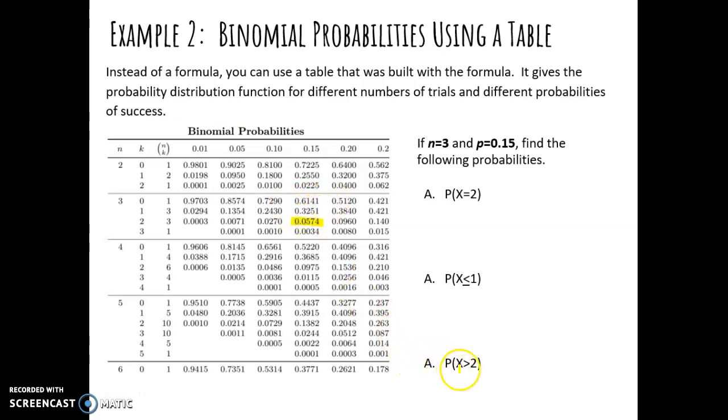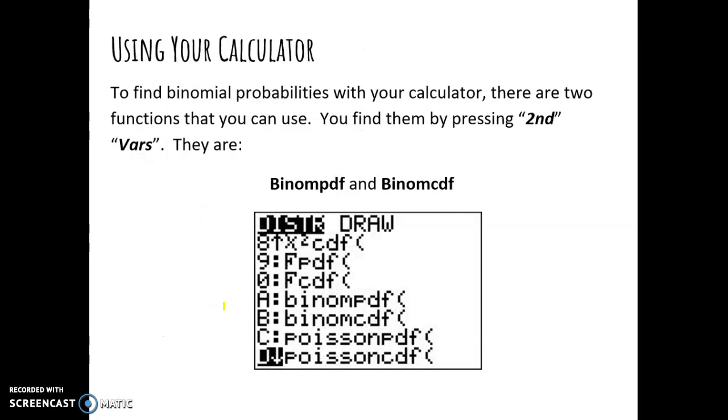If it was a probability of x is greater than 2, you would add the probabilities of 2 and 3 together. But you could see how this could get a little bit tedious depending on what the probability was asking and how many trials there were. So we're not going to use the table either.